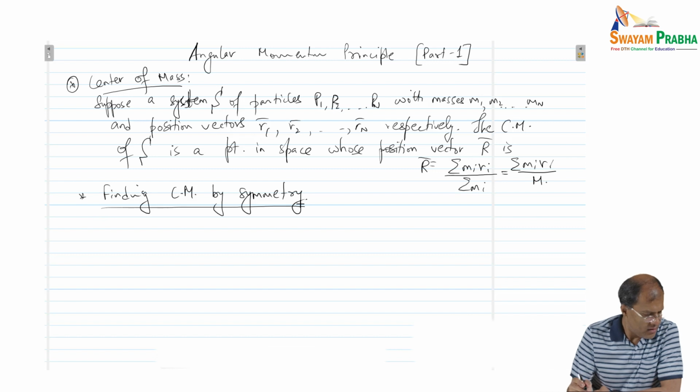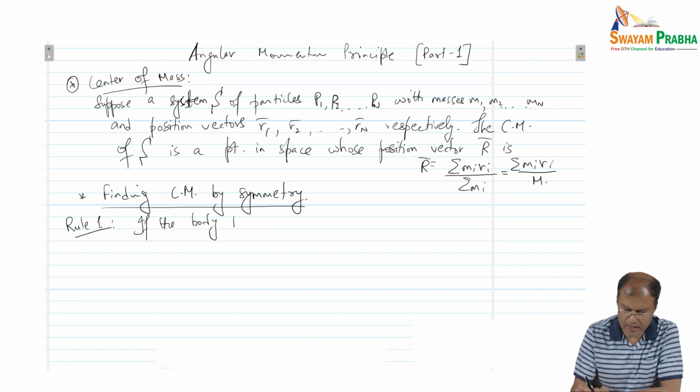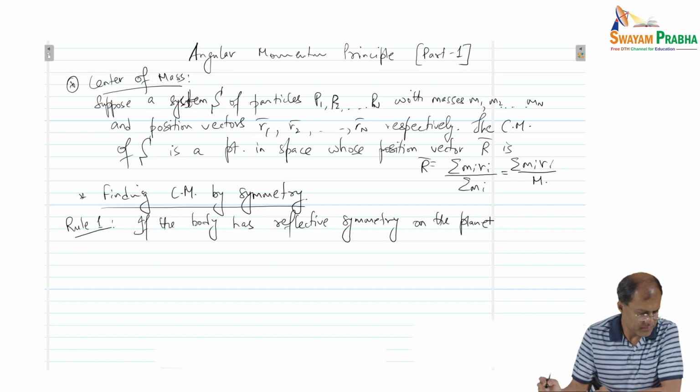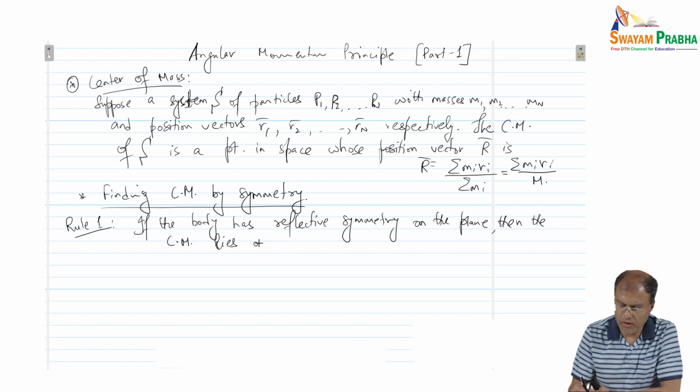Okay, so rule 1: if the body has reflective symmetry on the plane, then the center of mass lies on the plane.